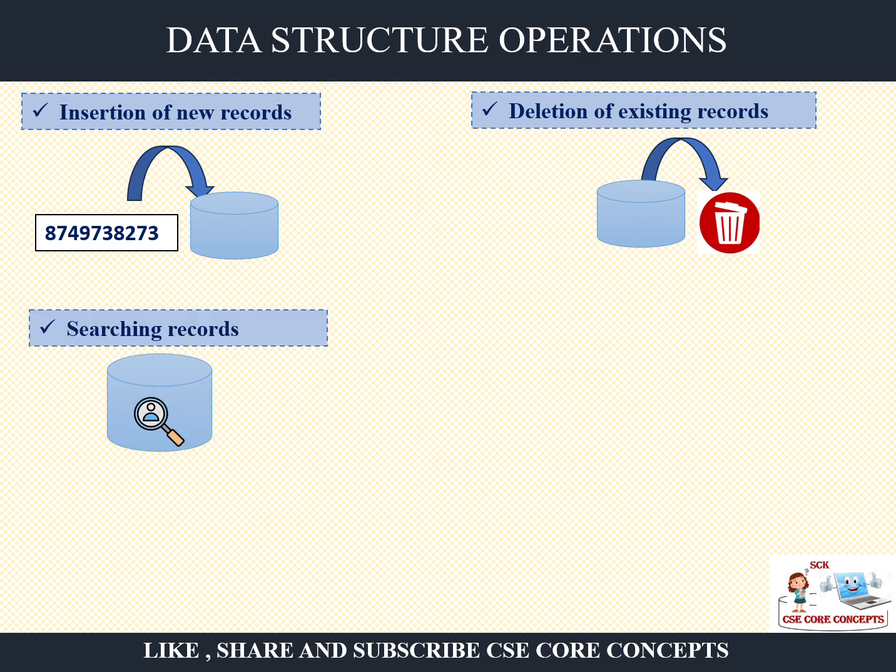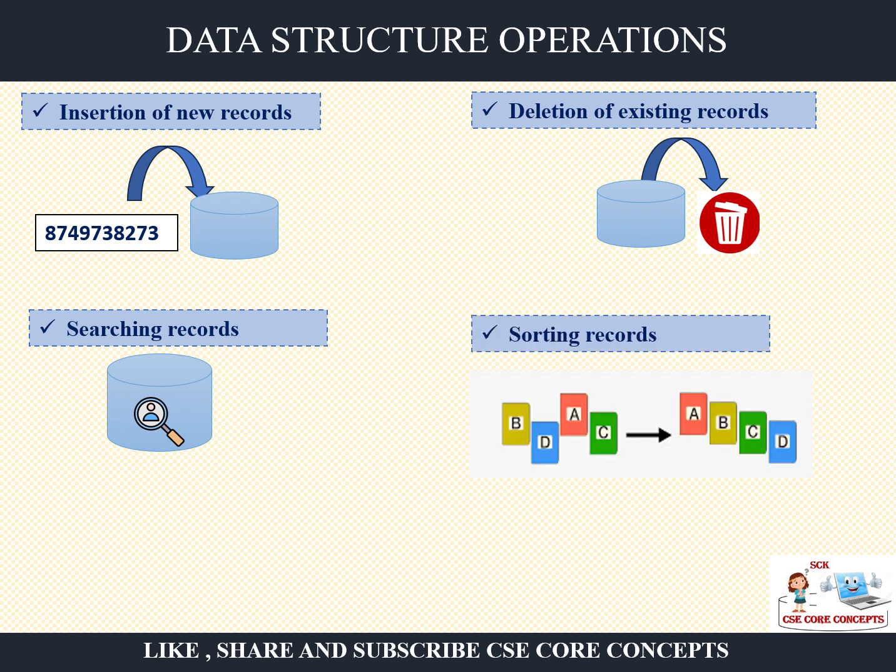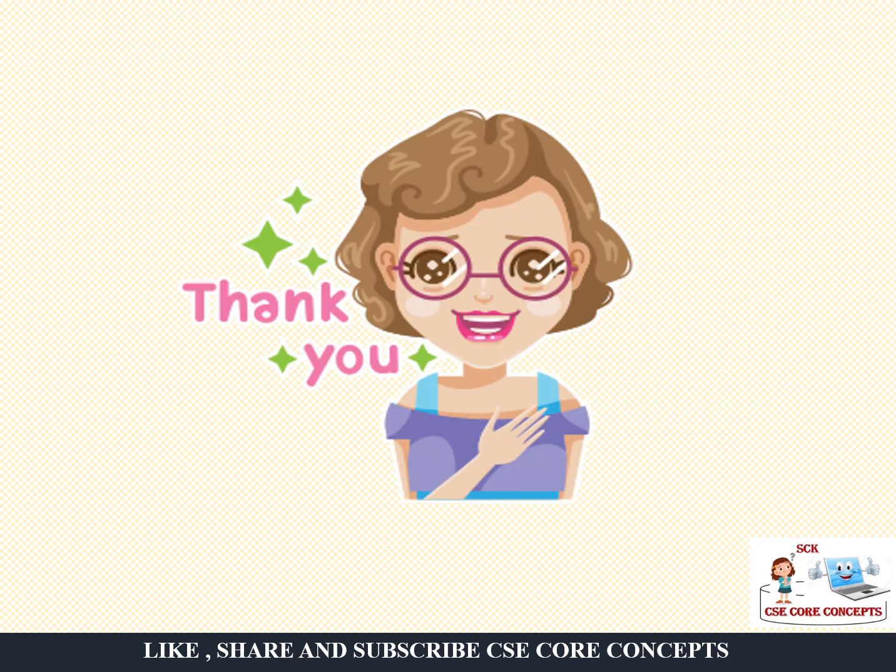I can search some records out of my whole number of records. If I want to search how many students got 95 marks, I can always search from the data structure. Or I can sort them in a proper order, maybe ascending or descending order, or on a first in, first out basis.